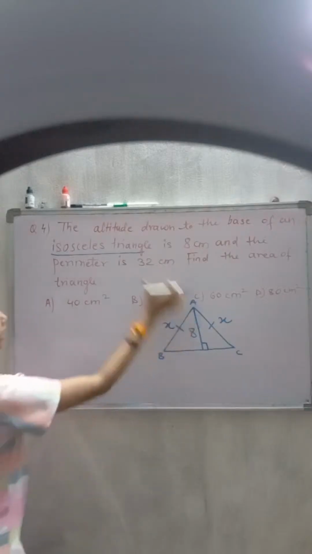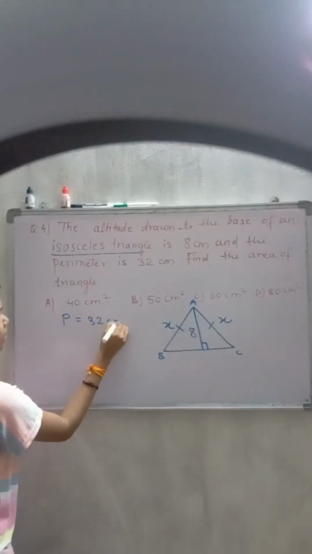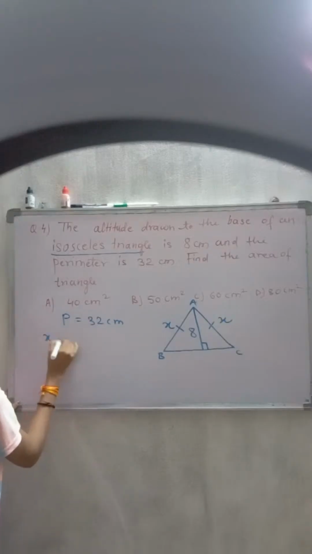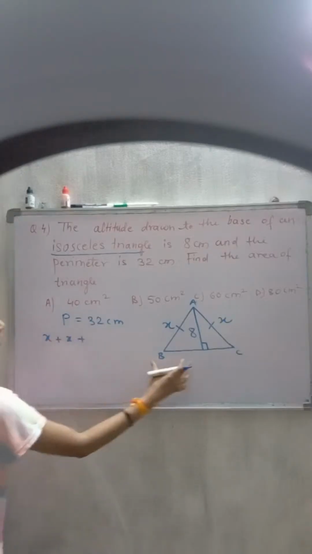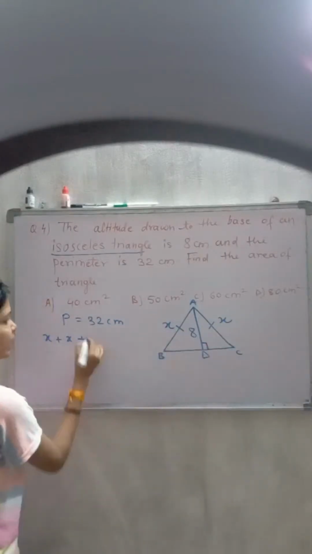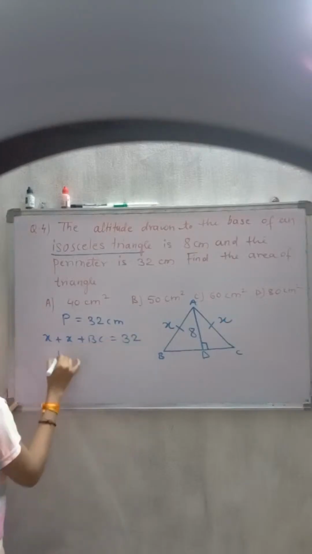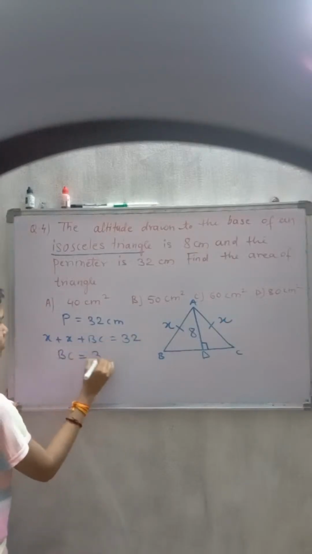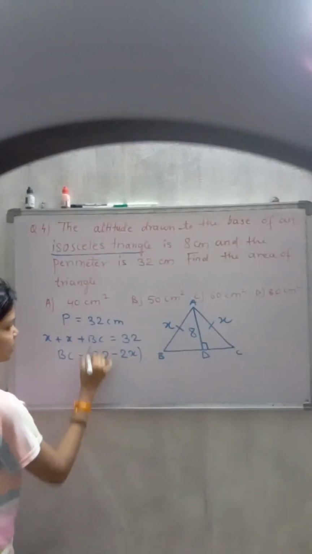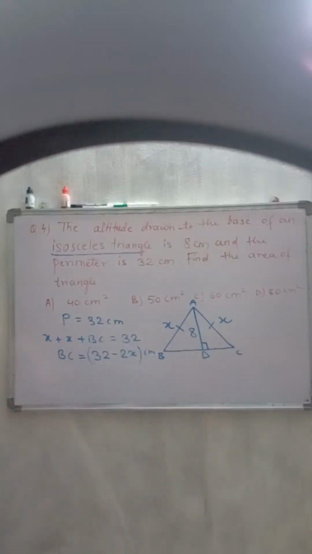The perimeter is given as 32 centimeter. Perimeter is the sum of all sides. So x plus x plus this side BC will be equal to 32. So length of BC equal to 32 minus twice of x.